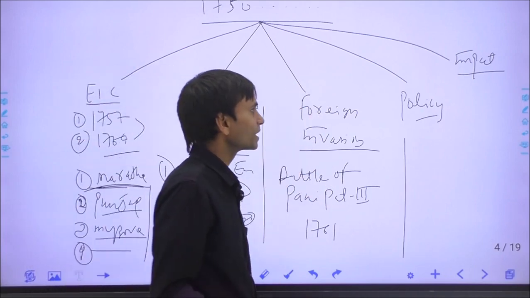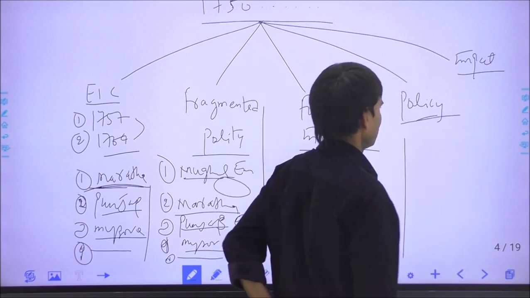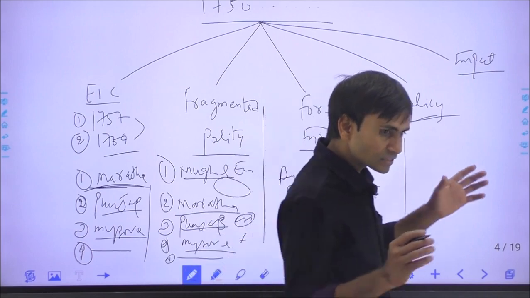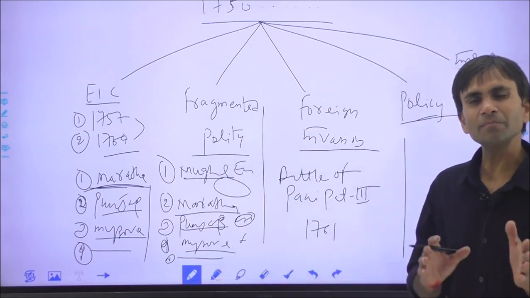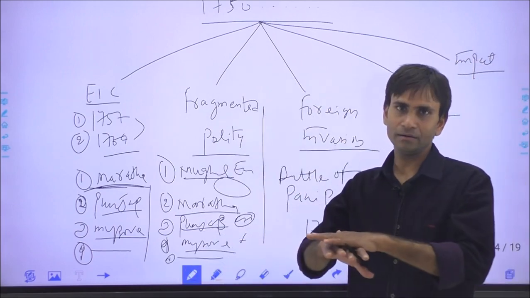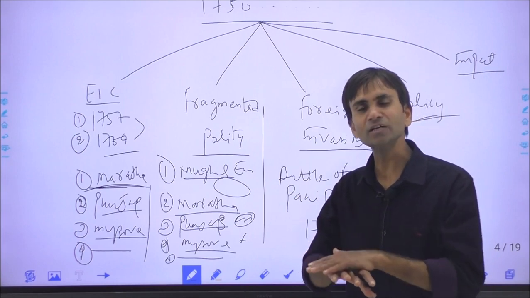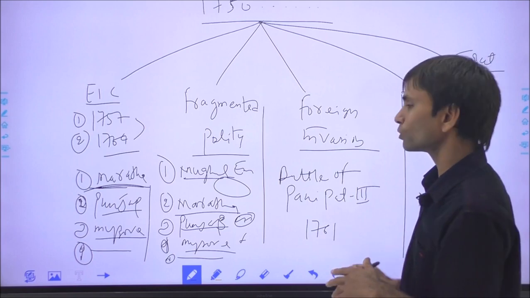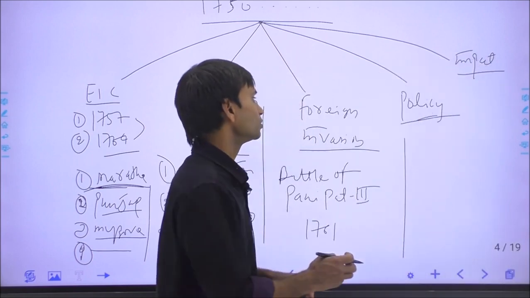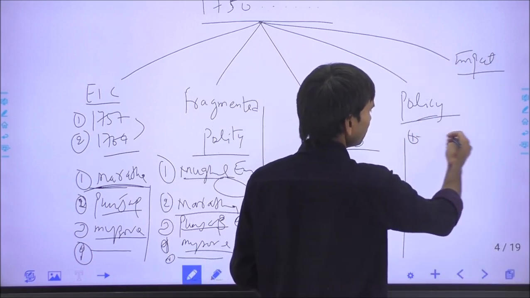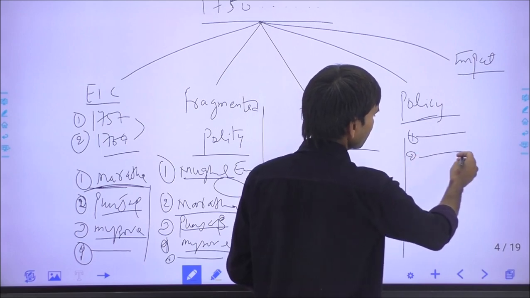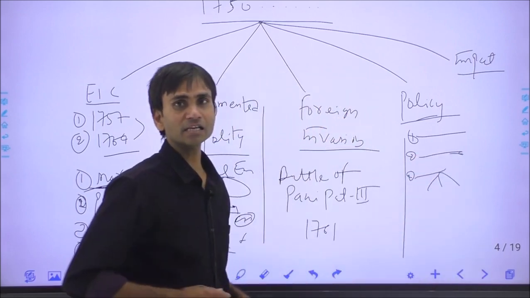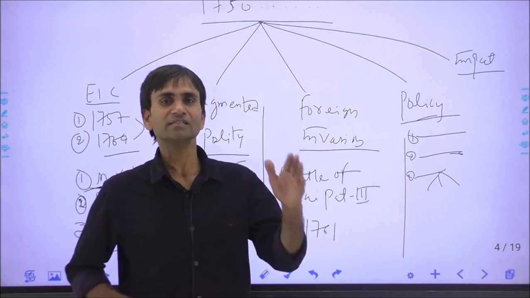This is another aspect: policies of the British government. When the East India Company established itself as a political power along with being a merchant or commercial company, it introduced so many policies: education policies, newspaper policies, and economic policies, under which they introduced agriculture policy, industrial policies, and construction policy.